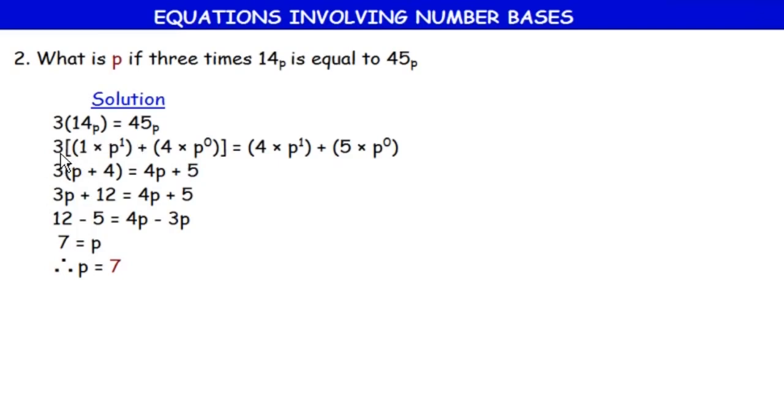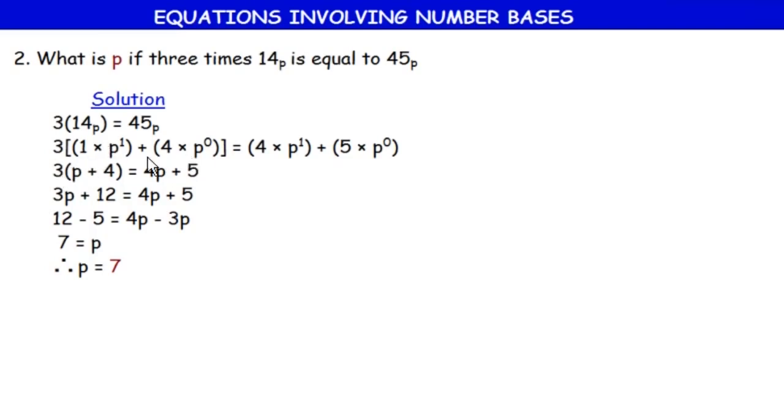So in doing that, I'm going to have 3 into bracket 1 times p plus 4 times p, because the base is p, right? But the first p here will take the power of 1, the second p takes the power of 0. And then at the right side of the equation too, we have 4 times p plus 5 times p, but the first p here will take a power of 1, the second p takes a power of 0, right?